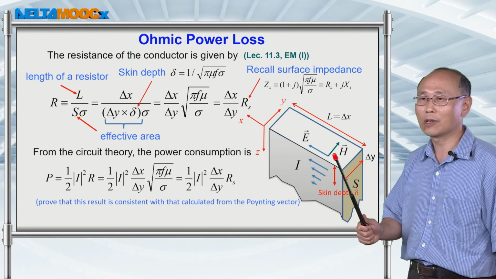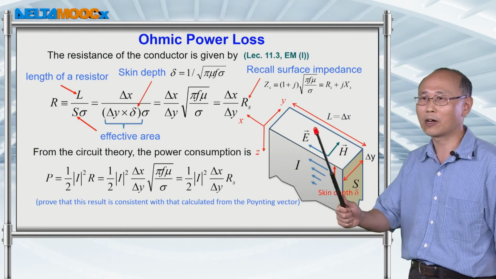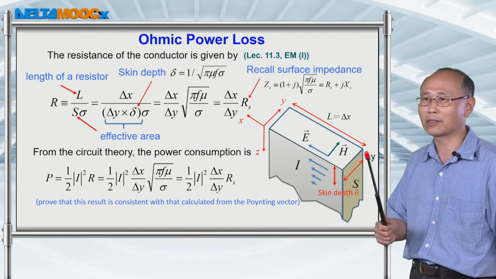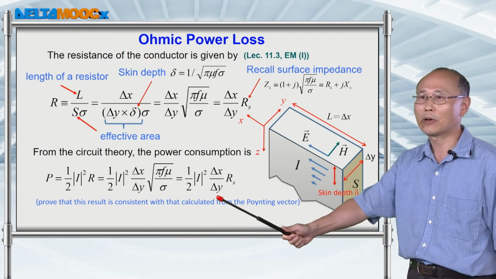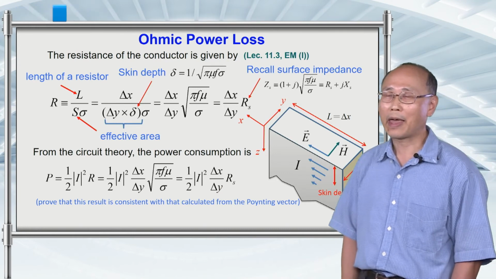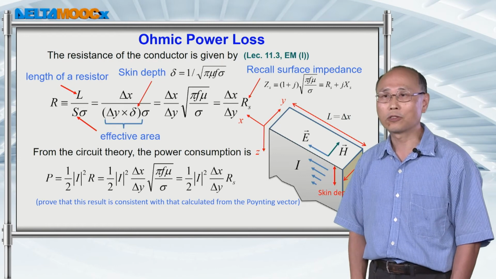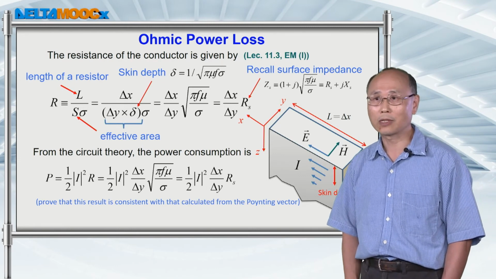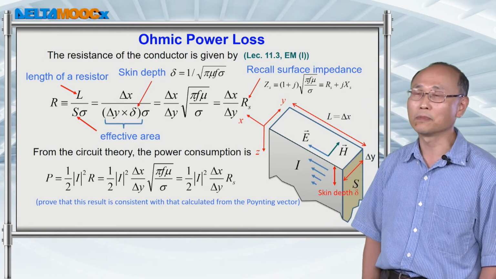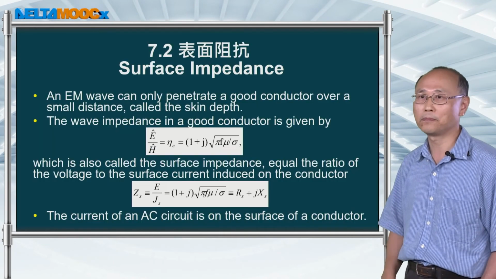And then if you go through the calculation and multiply with the cross-sectional area delta X multiplying with delta Y, you'll end up having exactly the same expression. And this power loss is quite important. Again, it's related to the resource you're going to consume if you propagate a wave inside a piece of conductor.